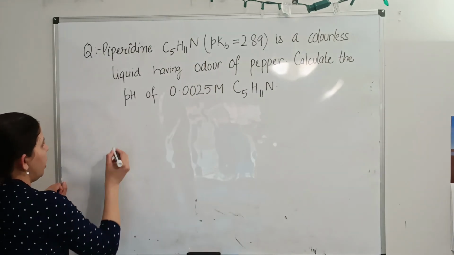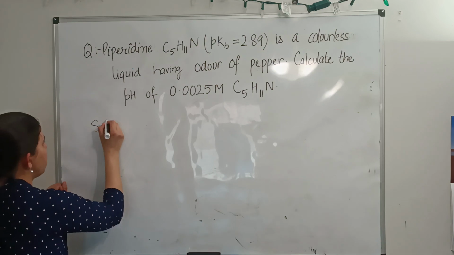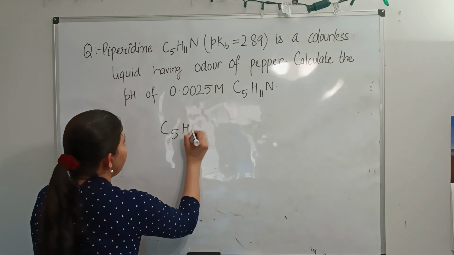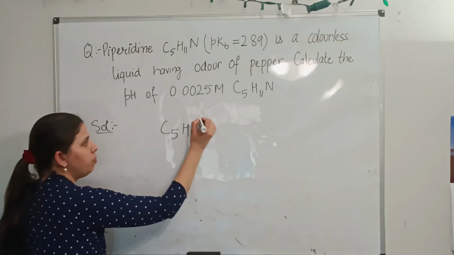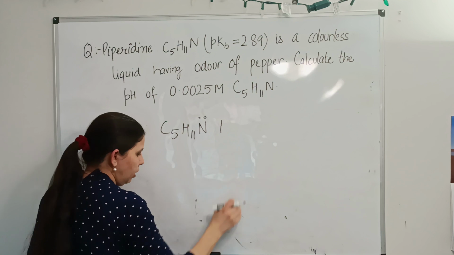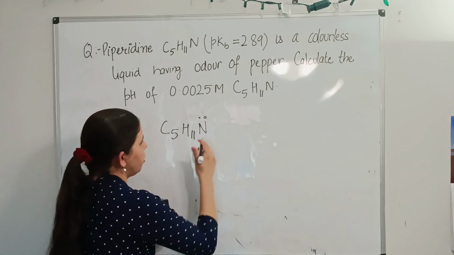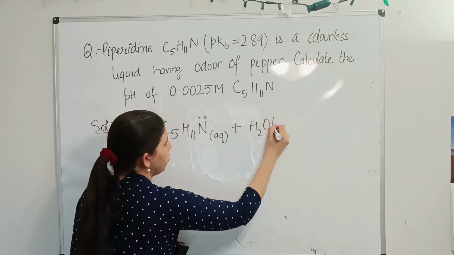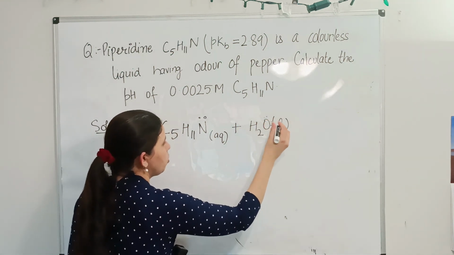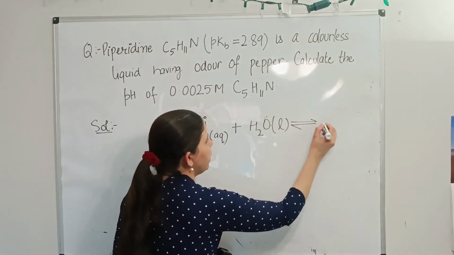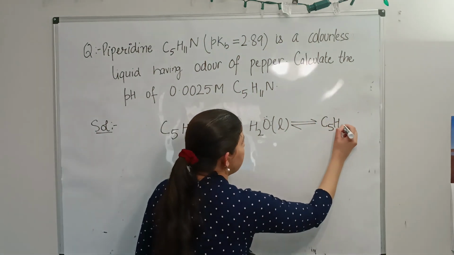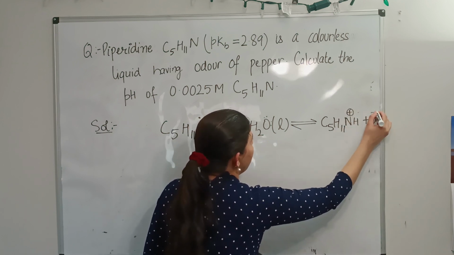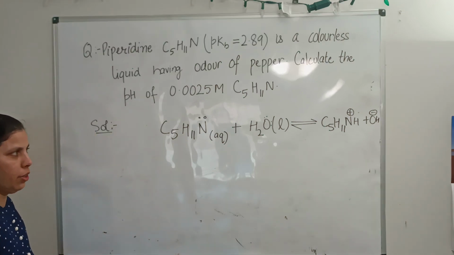Let's explore this. Let's plan out how we are going to reach our target. So C5H11N, which is piperidine, it's a nitrogenous base. In the aqueous solution, it takes the proton from water and yields C5H11NH+, that is protonated piperidine, plus hydroxide ion.